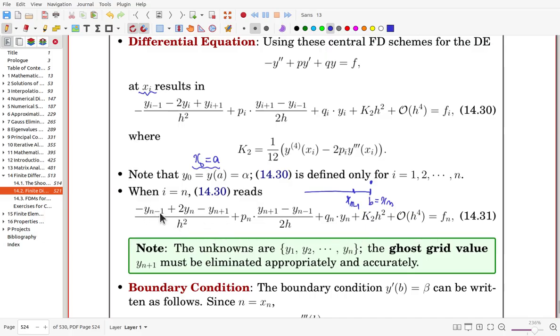And y n minus 1, rather than i, we are using n. So the y n minus 1, y n plus 1 combination. Here again y n plus 1, and this is okay, and f sub n. However, this y n plus 1 is not defined.